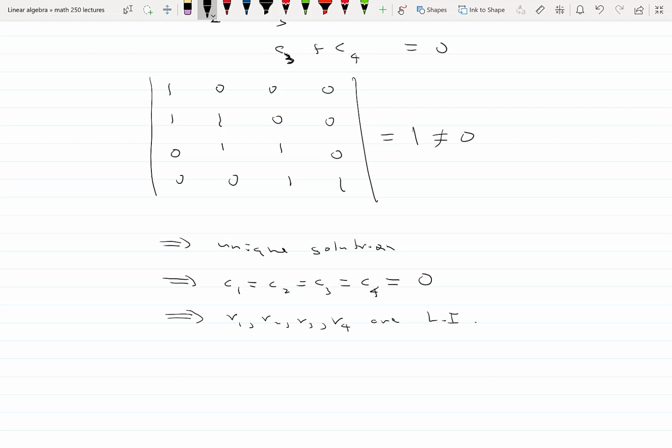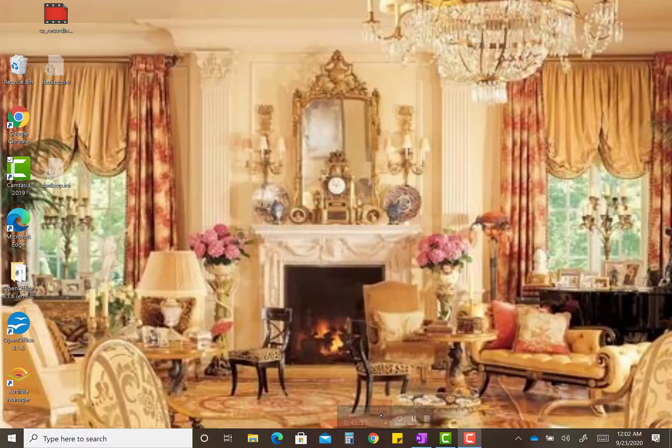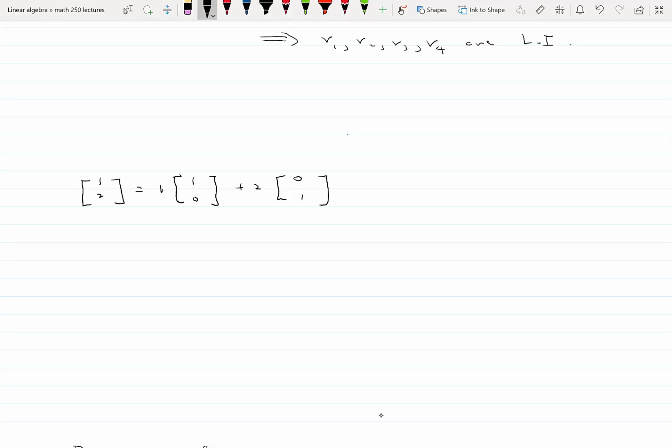Let me check where we want to go now. Okay, so let's return to clearing up a little bit of a mystery that we started out with earlier in the lecture. I stated in a particular example that one of the three vectors was a linear combination of the others. But that's not what the definition of linear dependence looked like.